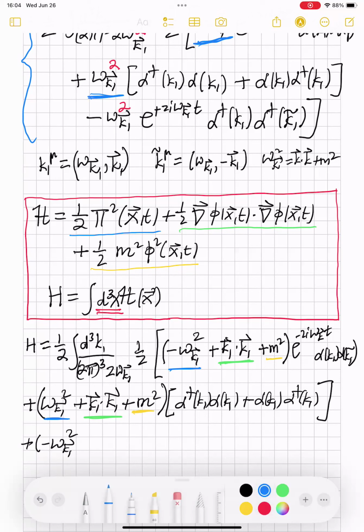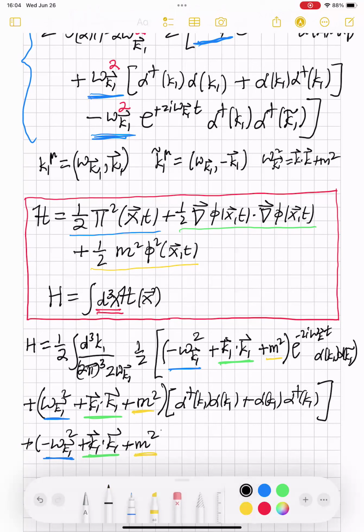So again, this comes from the pi squared term. That's what we evaluated. So there's the omega K1 squared. Then we've got plus K1 dot K1. And this we get from the gradient of phi dotted into the gradient of phi. And then we've also from the mass term got plus m squared. And that's from the mass squared term.